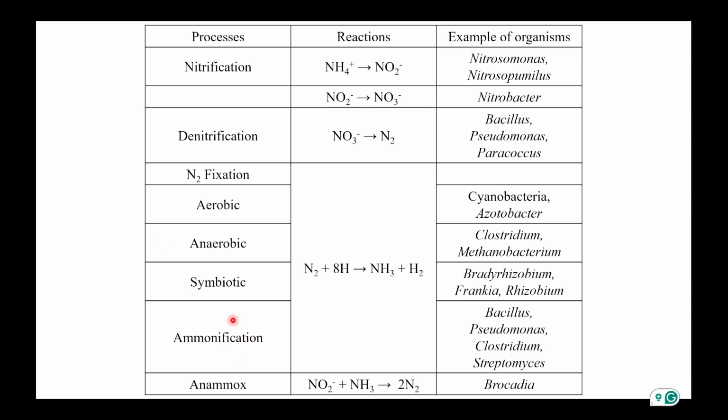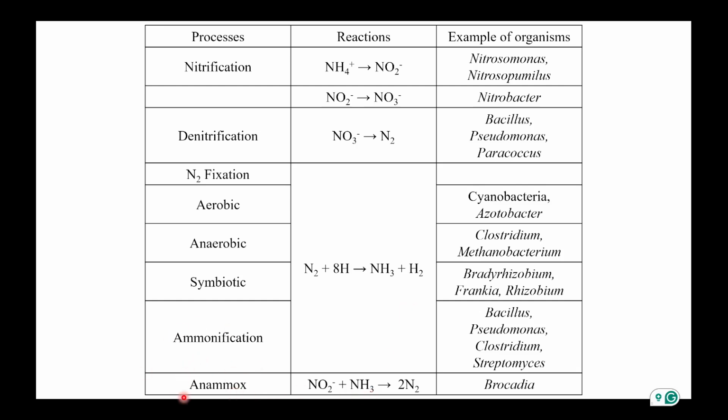Ammonification is another process, also nitrogen fixation, but there the source of nitrogen is not the atmosphere; it is organic waste matter. Certain bacteria like bacillus, pseudomonas, clostridium, streptomyces can directly convert that nitrogen into ammonia.